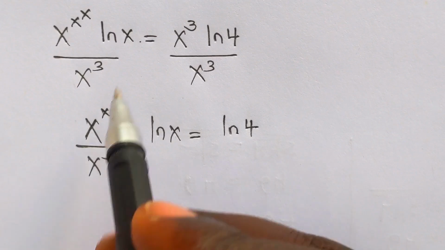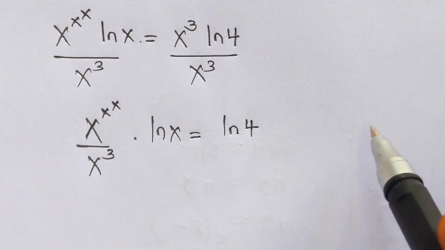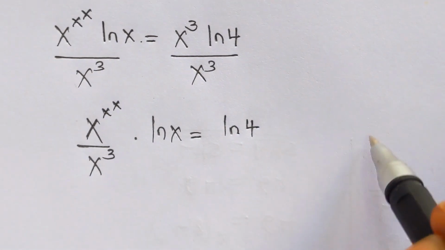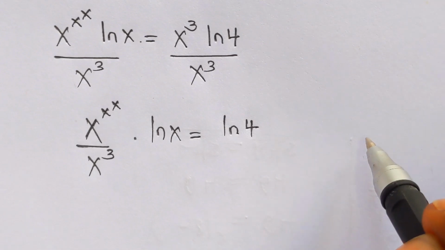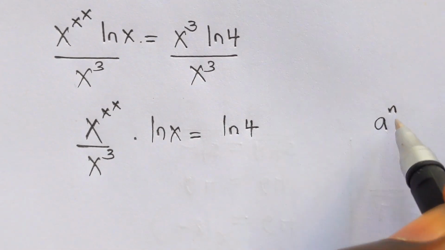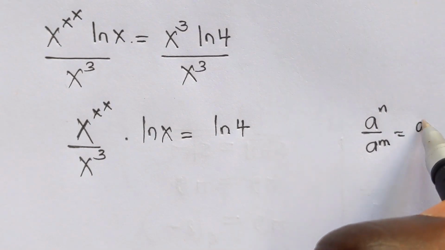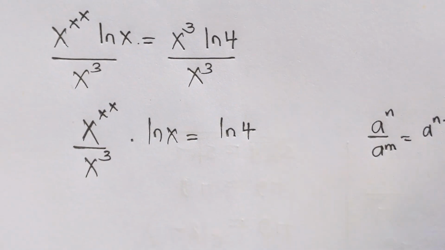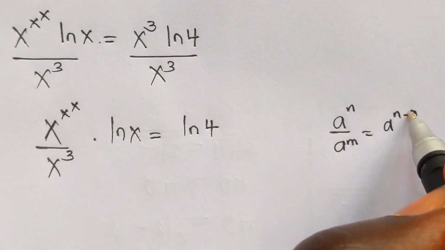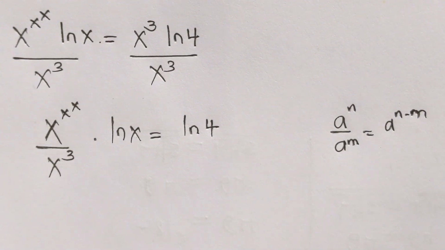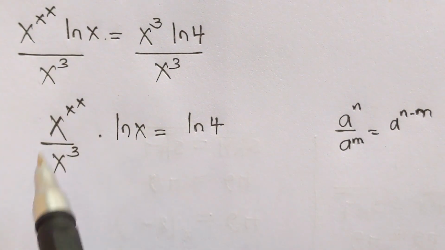And at this stage here we have, by using this law of indices, which is say a power n over a power m, this is equal to a power n minus m, okay, and you're going to apply it right here.